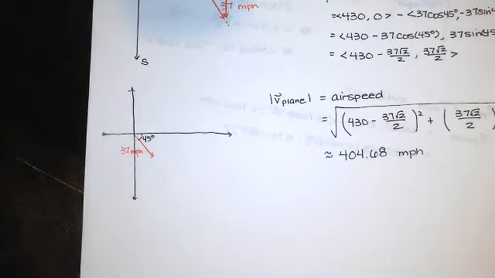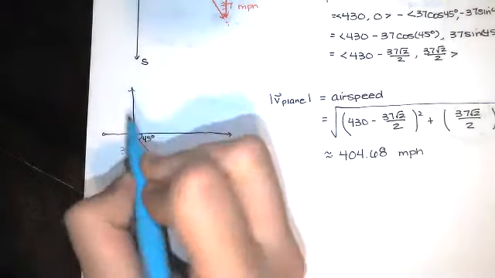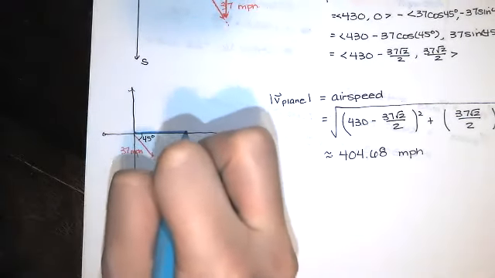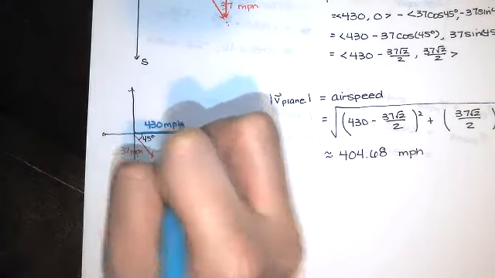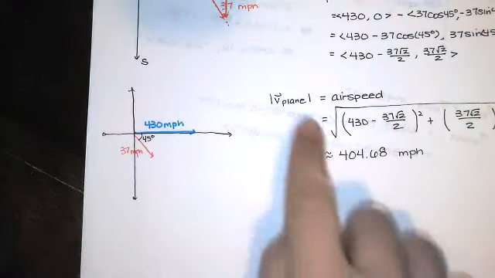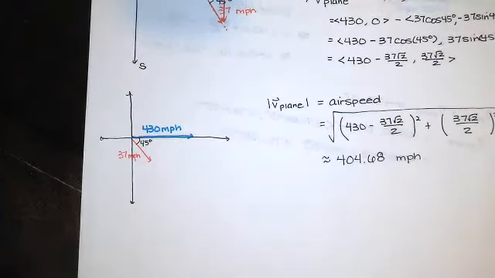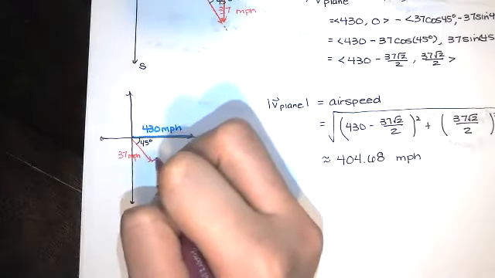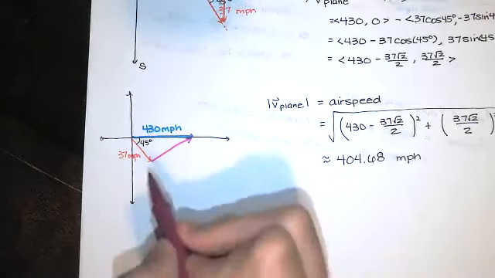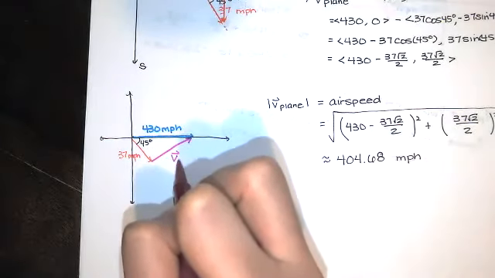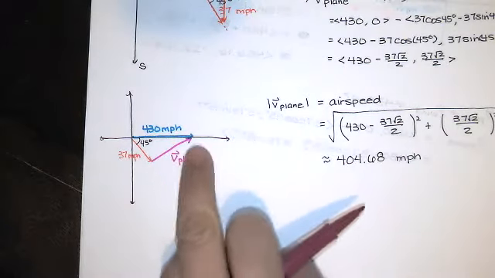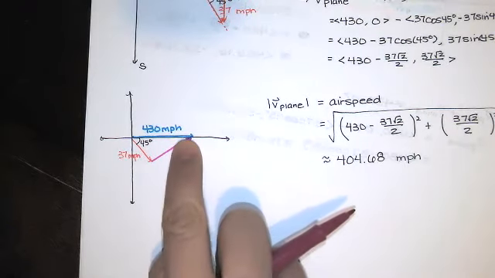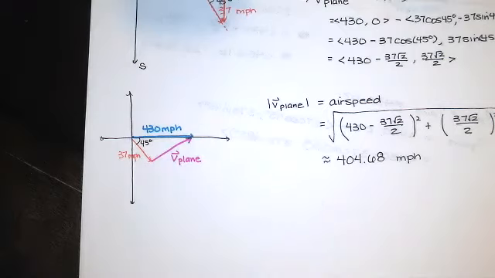And we want our resultant speed to be 430 miles per hour. This velocity here is the velocity that's required to get us back on track. So we're taking that airspeed plus that velocity to get that 430 miles per hour going due east.